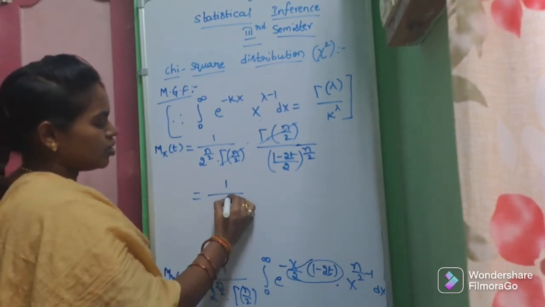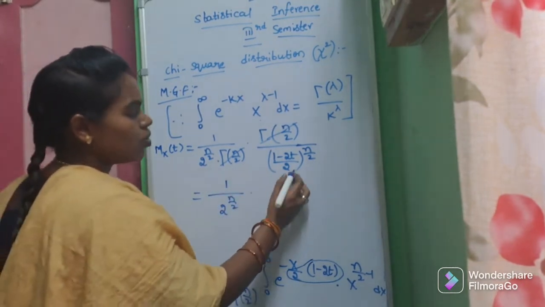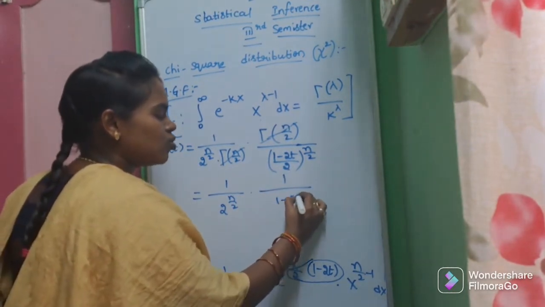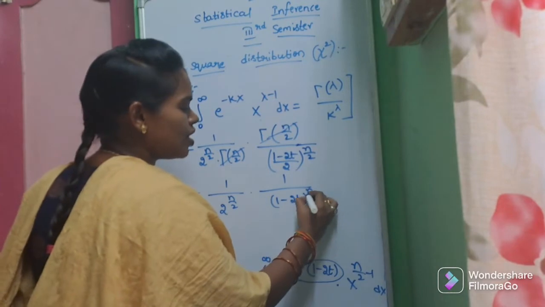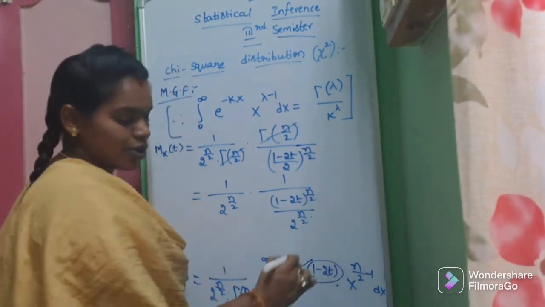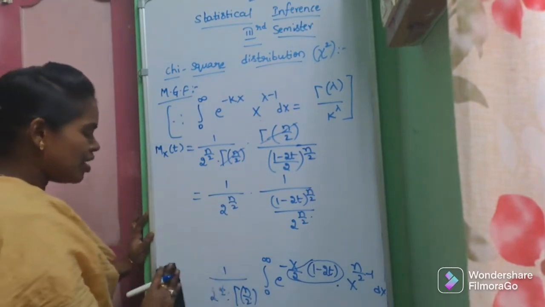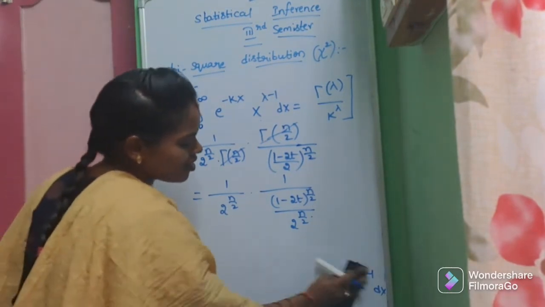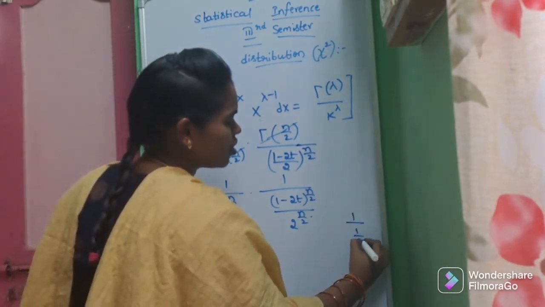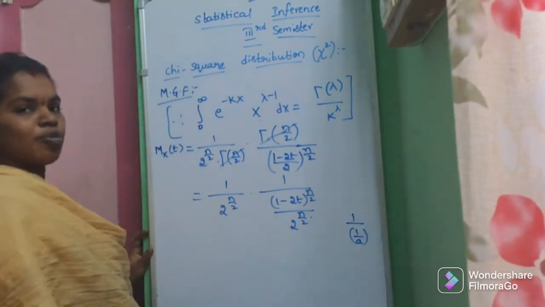1 by 2 power n by 2 into, we can split this to both: (1 minus 2t) whole power n by 2 by 2 power n by 2. 1 by a can be written as a, because it is the reciprocal of the reciprocal of a.